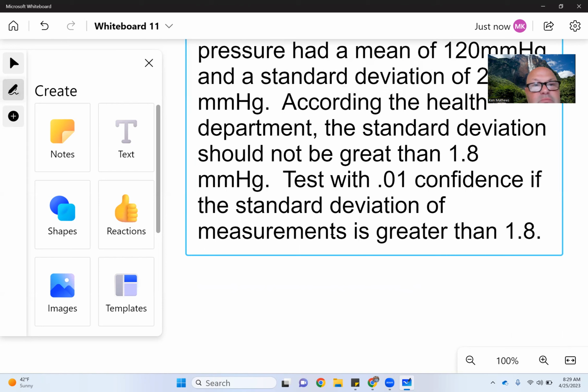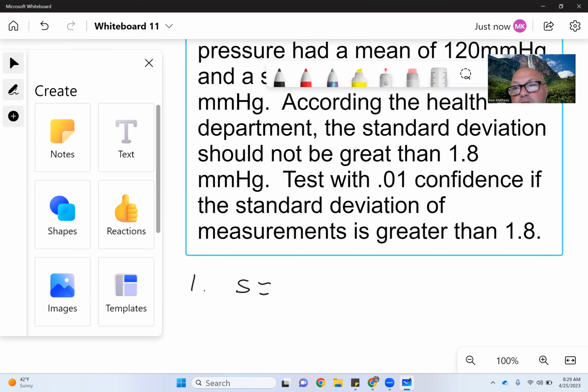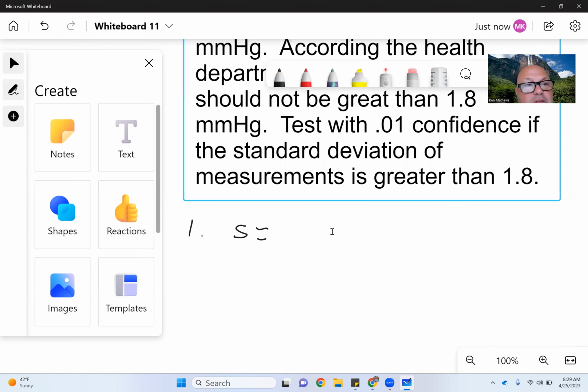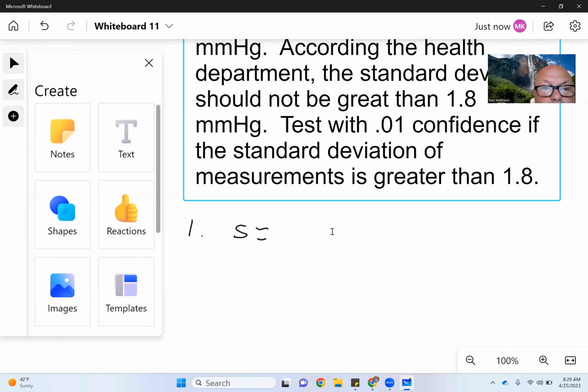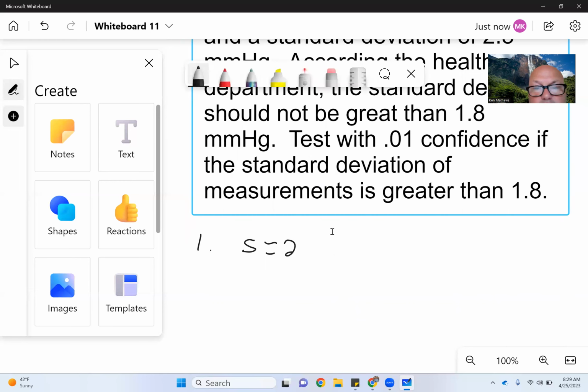So let's take some notes. Okay, first of all, our sample standard deviation was 2.3. The standard deviation of the population is supposed to be 1.8.